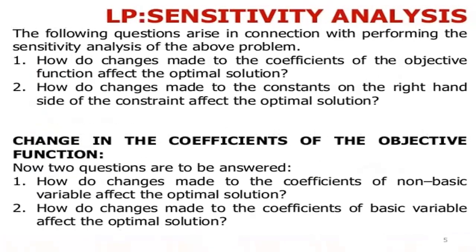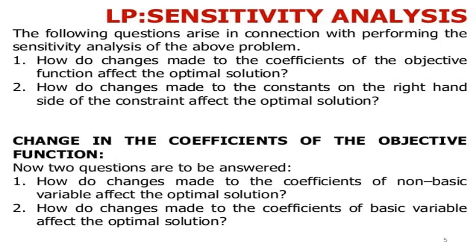So, sensitivity analysis in linear programming: the parameters of the model can change within certain limits without causing changes in the optimum. This is referred to as sensitivity analysis and will be the subject matter of our lecture number 5.